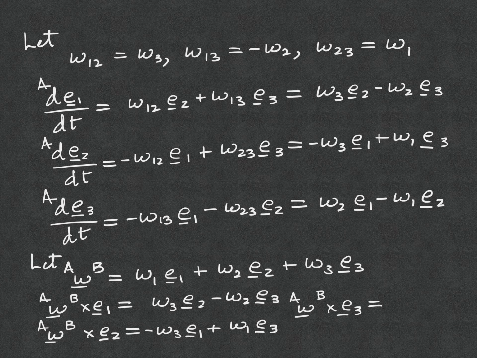So I get omega 2 E1 minus omega 1 E2. So that gives me all of the information that I need to substitute these expressions up above. So now if we do these substitutions, what we actually find is the following.